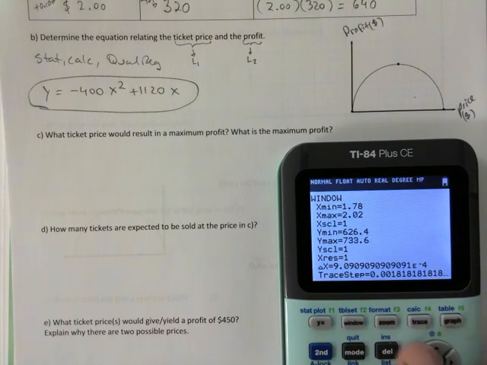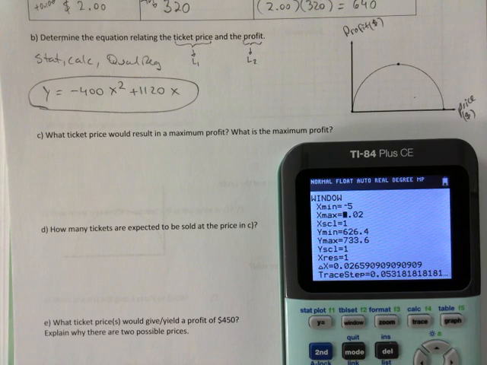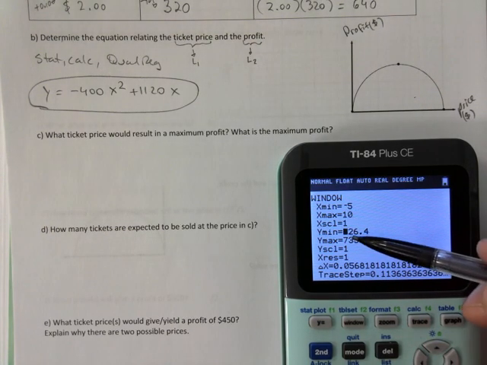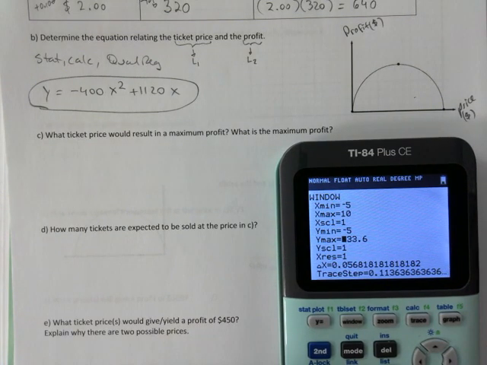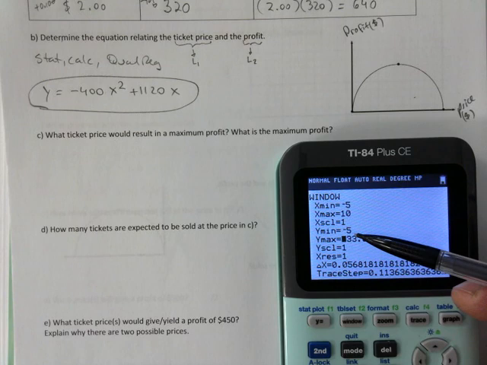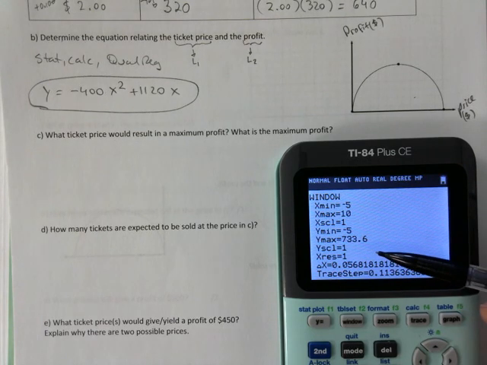So I'm going to go Window. I'm going to go -5 for X min. I'm going to also increase my X max at the same time. I'm going to go 10. My Y min, I'm going to go -5. That's just my standard. That's just what I do. Just a little bit below. And the Y max, how about we go to 1,000 already?